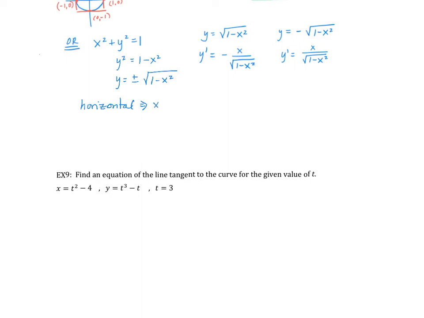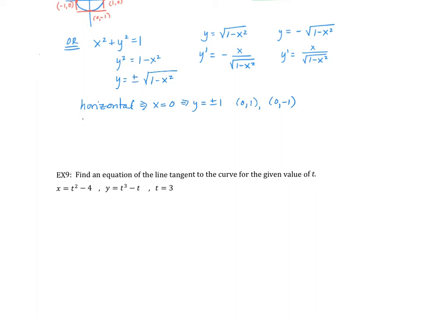So that would be when x is equal to 0. And if x is equal to 0, then the y value, plugging it in, is going to be plus or minus 1. So that gives us the points (0, 1) and (0, negative 1), which is exactly what we expected to find.